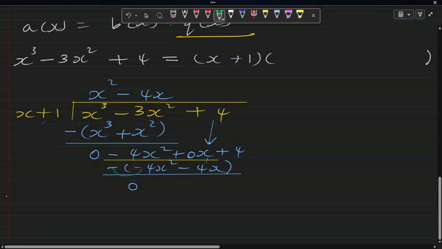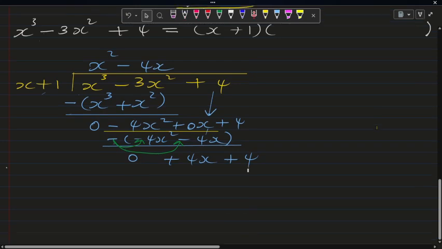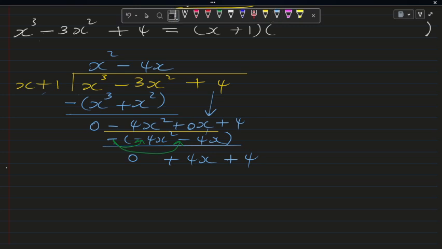Okay, the reason why I'm saying plus 4x is because this negative sign will make this guy to be positive and that guy to be positive as well. So as a result, it will be 0x plus a positive 4x. So it will be plus 4x, okay, and then 4 minus 0 is basically positive 4, okay, and then we start the process all over again.